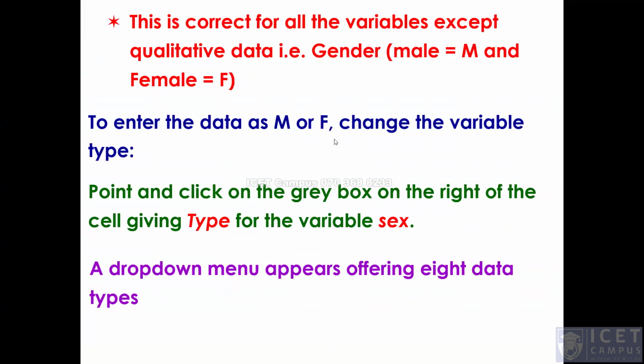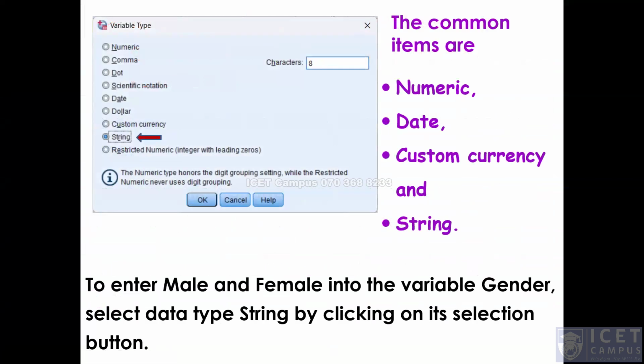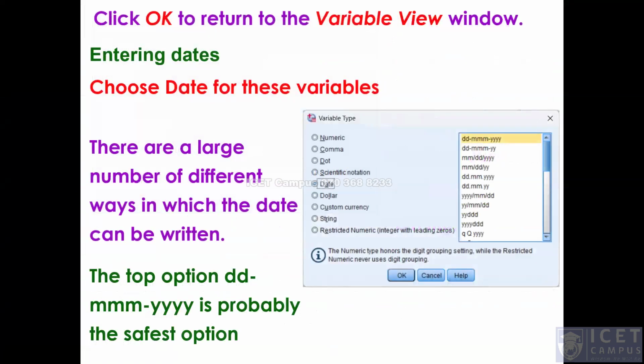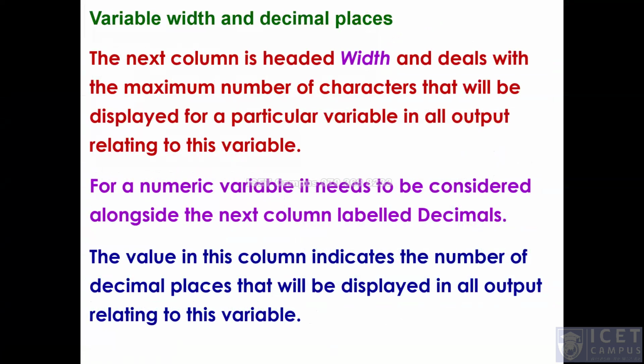We'll go further then. String data, to enter the male, female, so we can see these things. Then entering the data, here we can enter the data. You can understand these things, okay? Read and understand that one. Variables with decimal places.